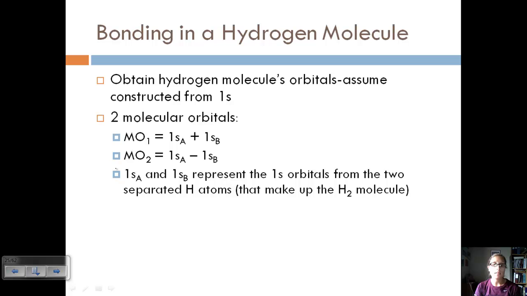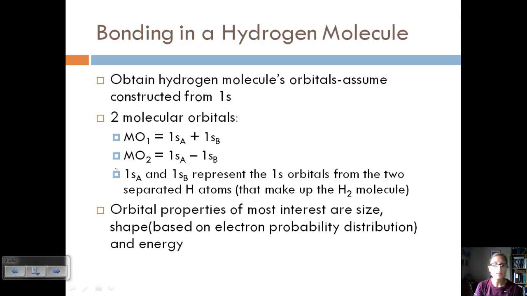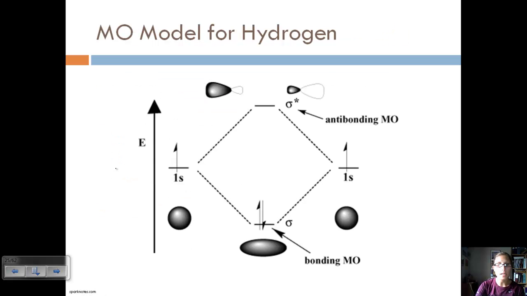So 1s sub a and 1s sub b represent the 1s orbitals from the two separated H atoms, and these are what make up that H2 molecule. Orbital properties that are of most interest are the size, the shape, which would be based on electron probability distribution, and the amount of energy. We'll get into energy in a minute.